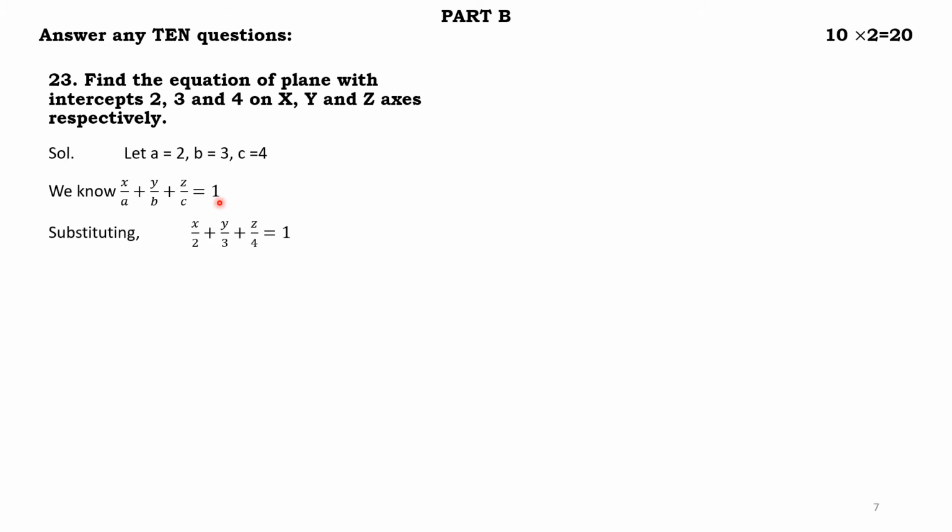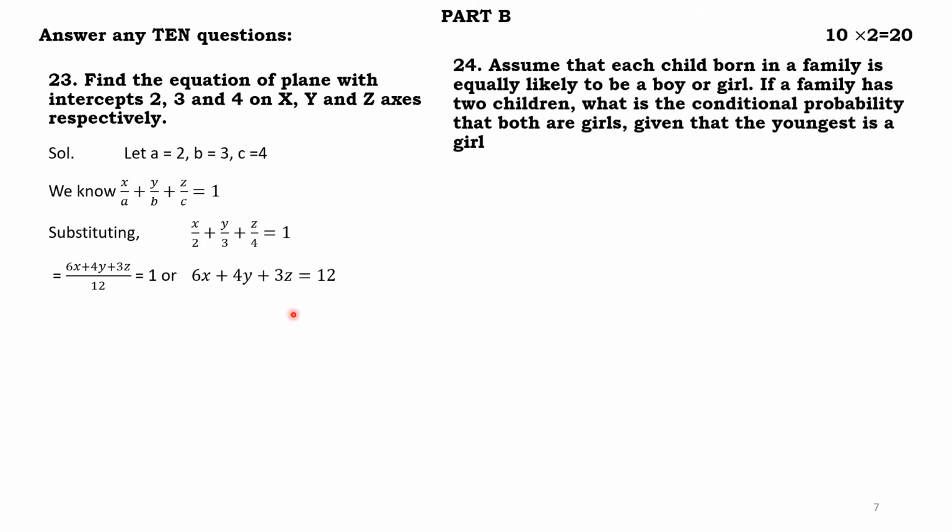That becomes x by 2 plus y by 3 plus z by 4 equals 1. Taking the LCM, we get 6x plus 4y plus 3z divided by 12 equals 1, or 6x plus 4y plus 3z is equal to 12. That is the answer, that is the equation.